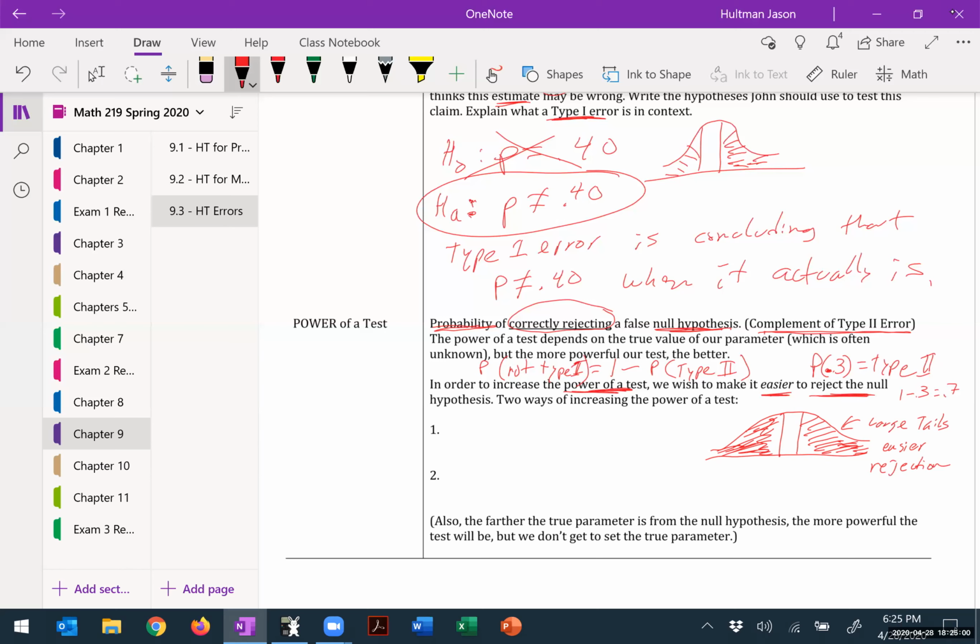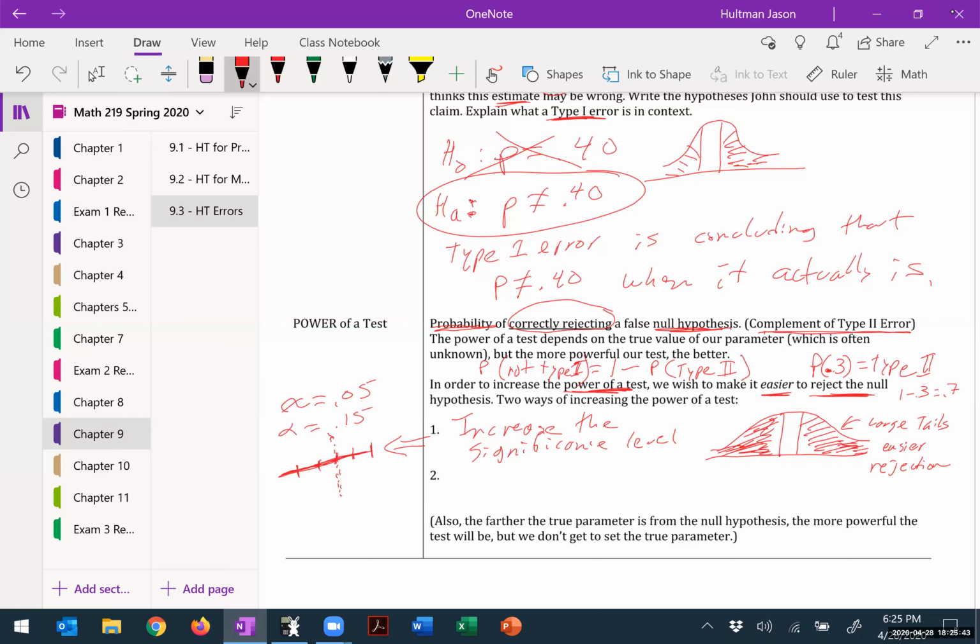One thing that we can do is increase the significance level. What does increasing the significance level do? Well, say that we go from alpha of 0.05 to alpha of 0.15. What does that mean? Say I have these values, and I know what the standard deviations are, and I know that this is the middle.